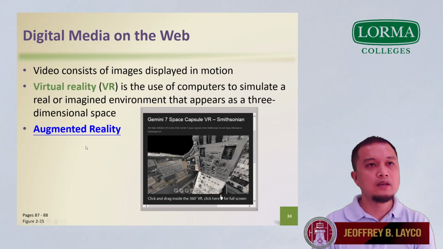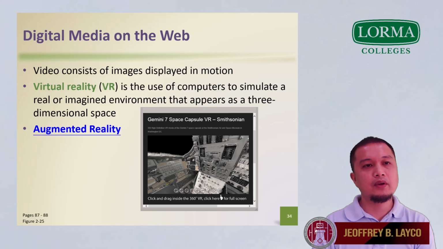Simple video applications on the web consist of individual video files, such as movie or television clips, that you must download completely before you can play them on a computer or a mobile device.